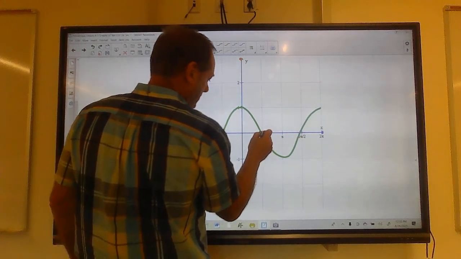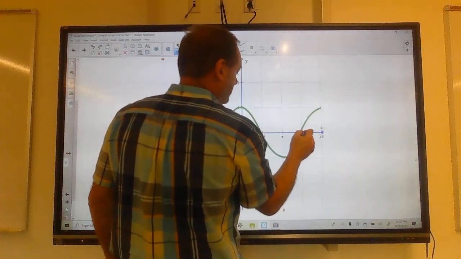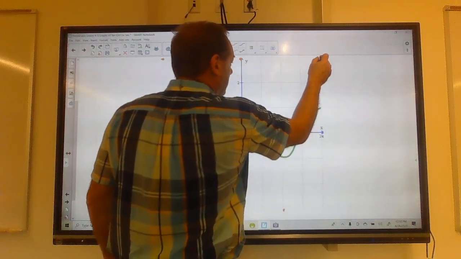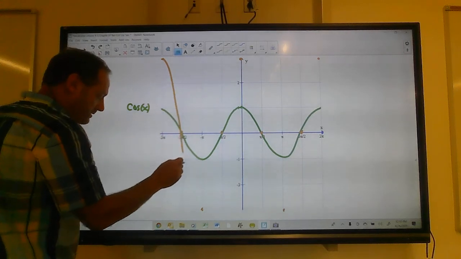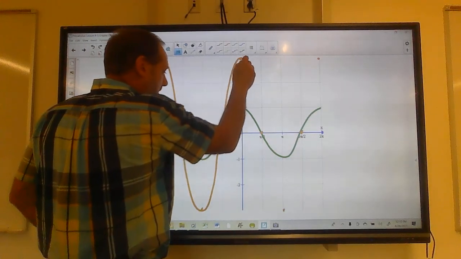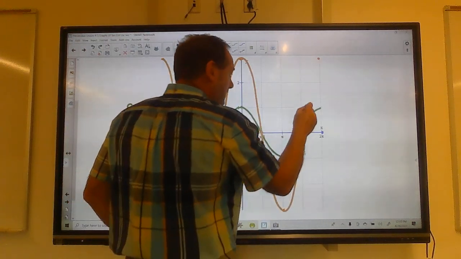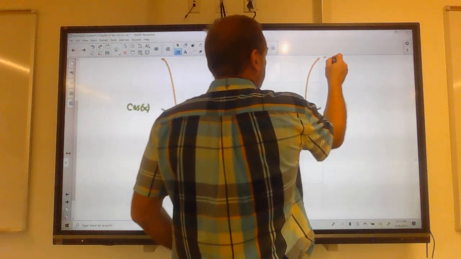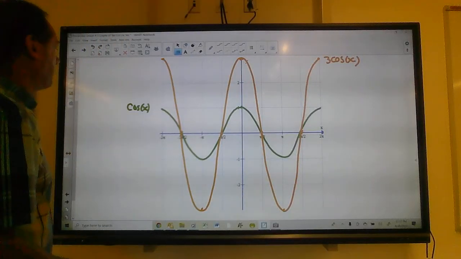Here, key points 0, -3, 0, and 3. Okay, so this is going to look like this. So there's 3 cosine x.